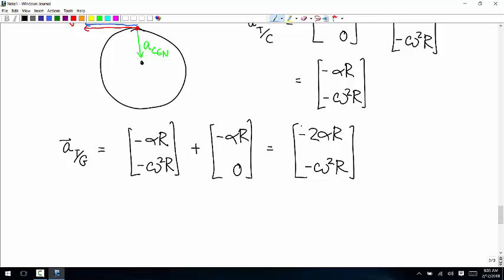So if the thing has an angular acceleration of alpha, the center is moving this way with an acceleration of alpha r. The bottom doesn't have any horizontal acceleration because it's not slipping, but it has a centripetal acceleration up. And the top has an acceleration horizontally of twice the acceleration of the center, and then a centripetal acceleration down.